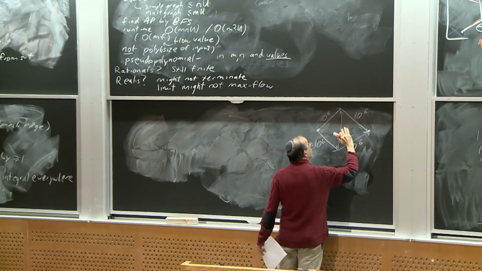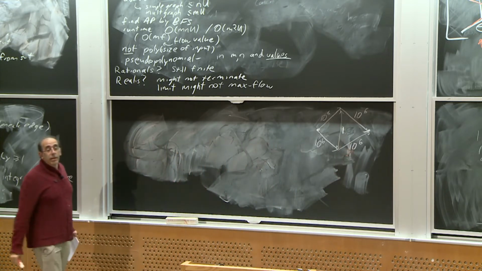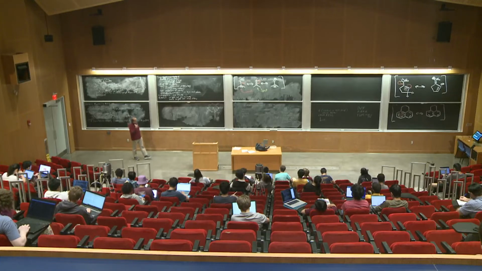And then I'll just put this one edge here with capacity 1. Now, if I'm very foolish in my augmenting paths, how long might it take for me to find a max flow in this network?